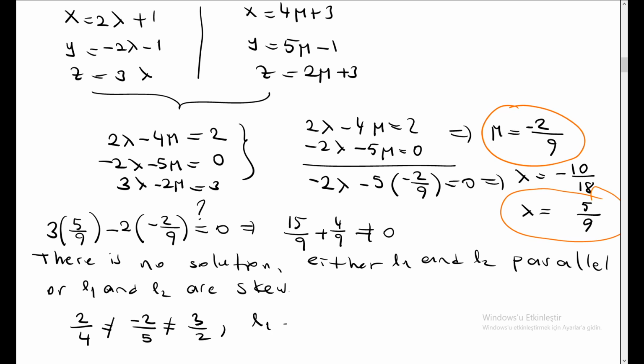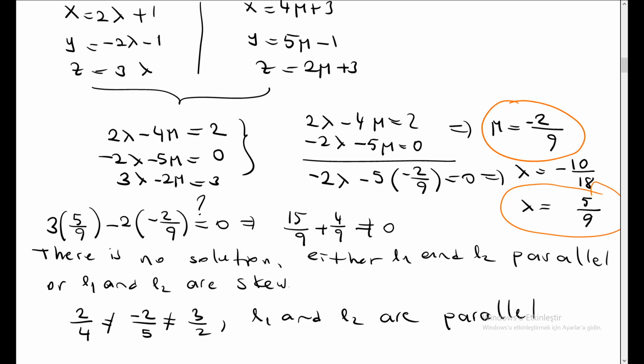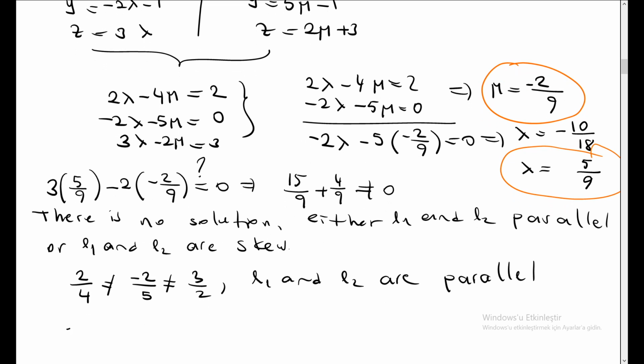So L1 and L2 are not parallel. So we conclude that these two lines, L1 and L2, are skew.